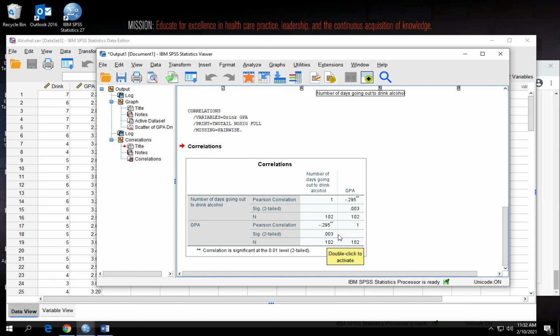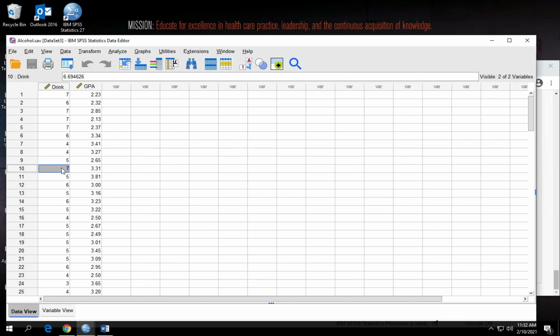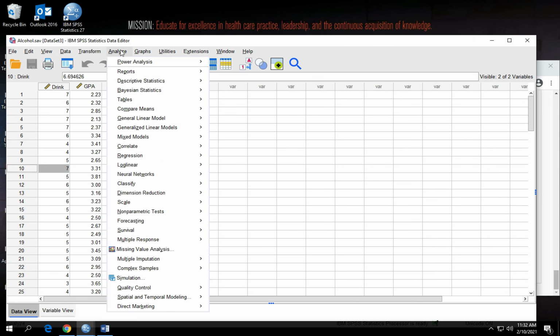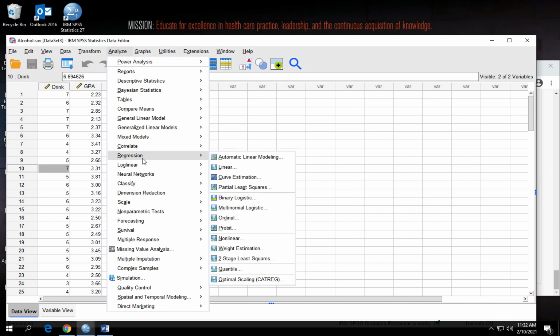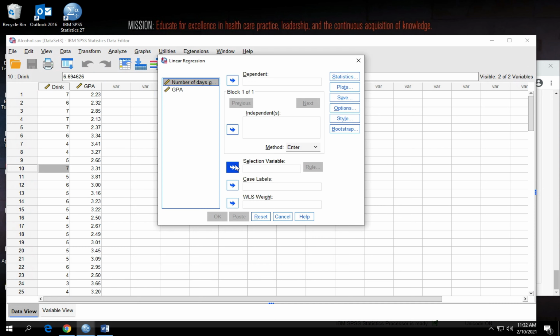Because it's significant, we can continue on to step 3, which is running our linear regression. We're going to go into Analyze, Regression, and Linear. Again, our dependent, what we're trying to predict, is GPA based on the number of days going out to drink.